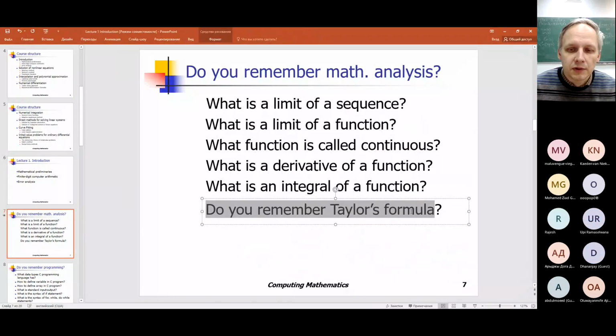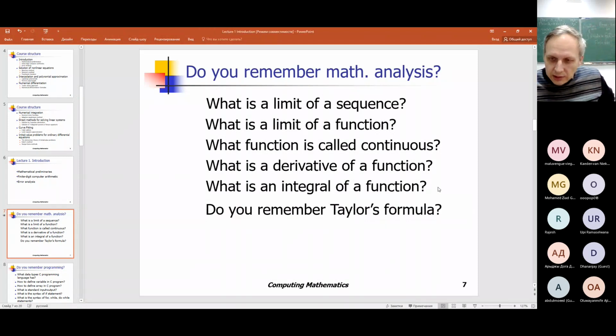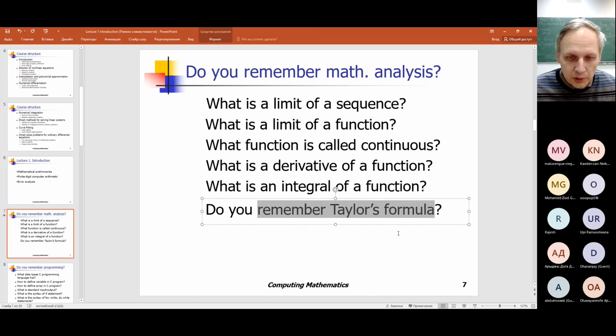Okay, the next question, the last question that I want to consider with you is related to Taylor's formula. But I see that it's time for the break. Let's have a very brief break between our lessons, just 5 or 10 minutes. After that we continue and discuss Taylor's series, Taylor's formula, because this formula is very important.